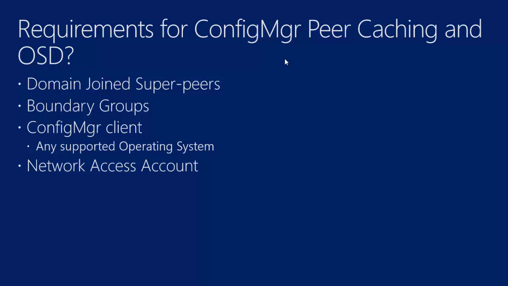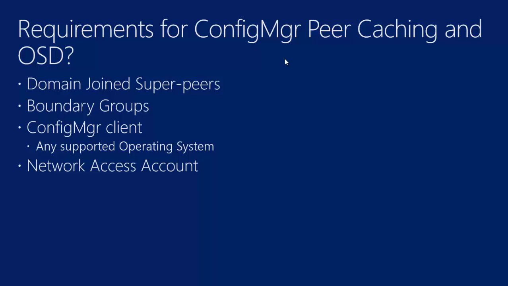That does not mean that the machines that receive the content from the super peers are domain joined. A great example of that, specifically in the OSD scenario, are systems that are building during the Windows PE phase. During the Windows PE phase, those systems are not domain joined. They are the equivalent of workgroup joined. But in Windows PE, we can easily pull content from a super peer or content source peer, no problem. So that's a great example of that difference.